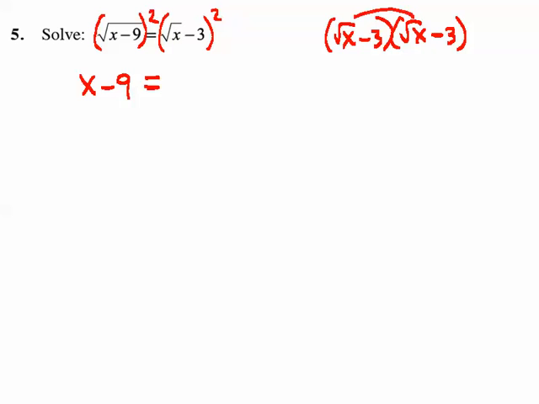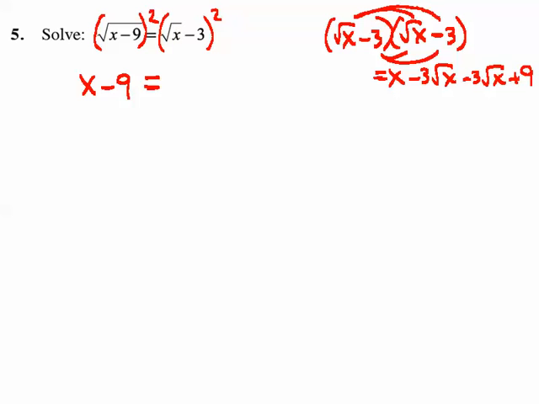Off to the side of the page here, square root of x times square root of x is just x. Multiply across there, that would be a negative 3 square root of x. Inside terms, negative 3 times square root of x is negative 3 square root of x. And the last terms gives us 9.